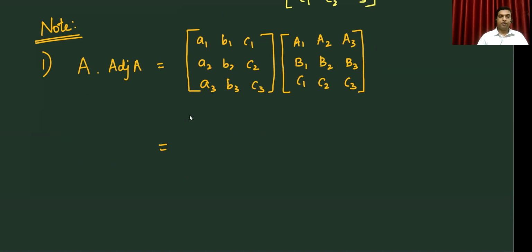Now just observe what you get. A1 multiplied by capital A1 plus B1 multiplied by capital B1 plus C1 multiplied by capital C1. What is it equal to? Elements multiplied by their own cofactors and summed up.